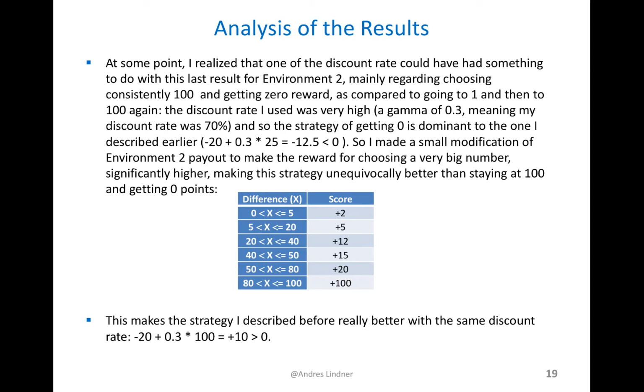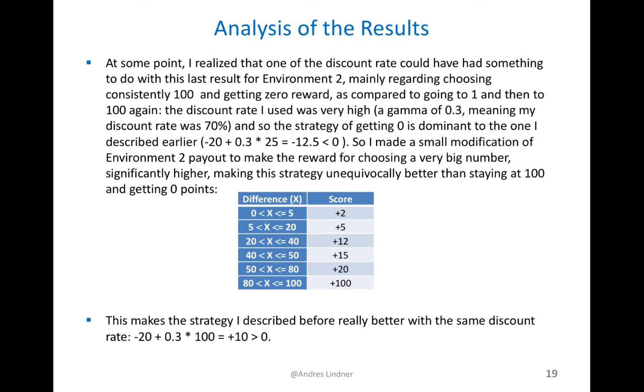So I said, okay, let's make a slight modification: instead of getting 25 if you choose a very high number, in the original environment this was 25, and I changed it to 100 to make it univocally a good strategy to go to very high numbers.